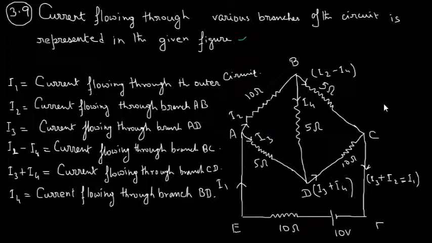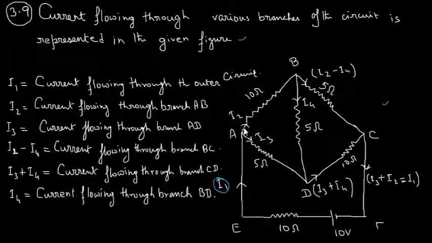So in this figure, let us consider that current I1 is flowing from EA, and this current again divides.